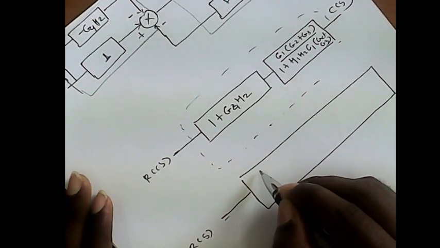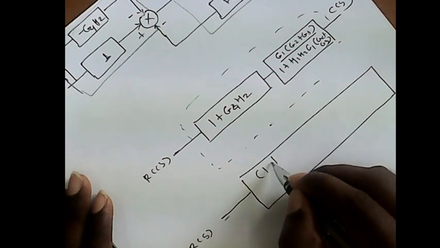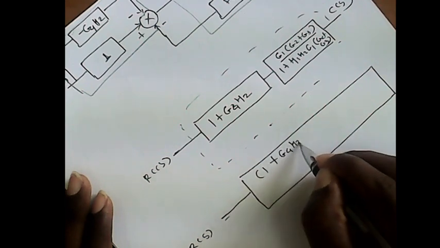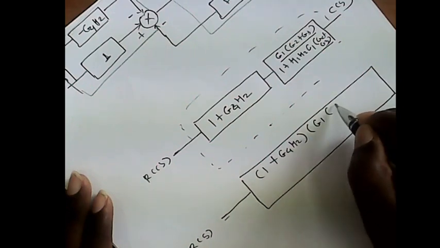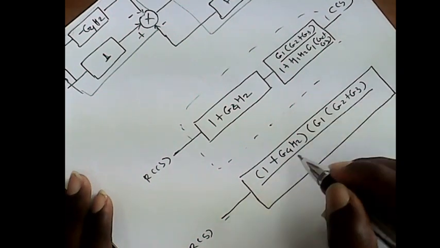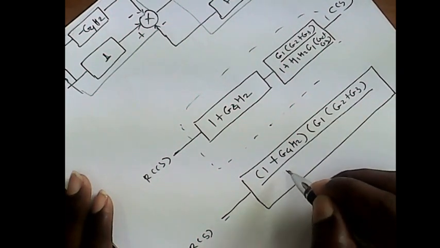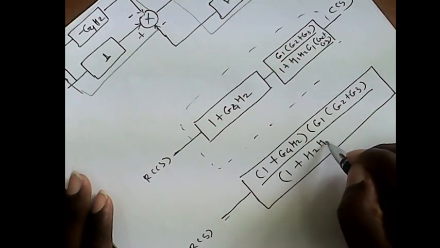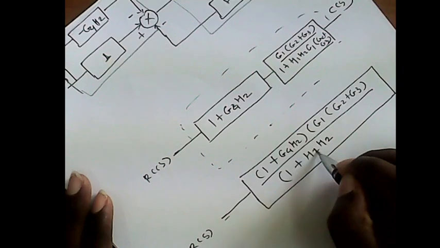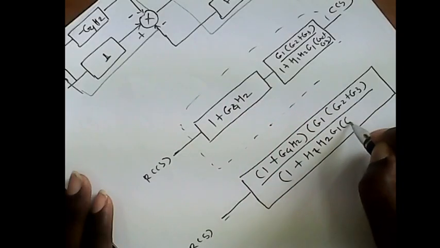So 1 plus G4 into H2, times G1 G2 into G3, divided by 1 plus H1 H2 G1 G2 G3. This is C(s).